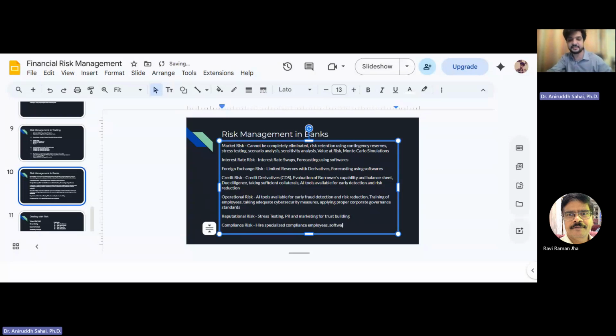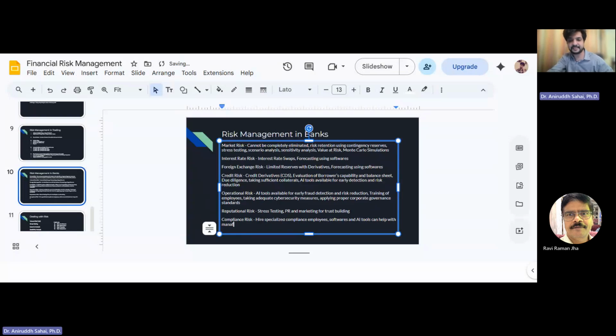Even software and AI tools can help with managing compliance requirements. So many documents have to be filed on a regular basis periodically by these banks.